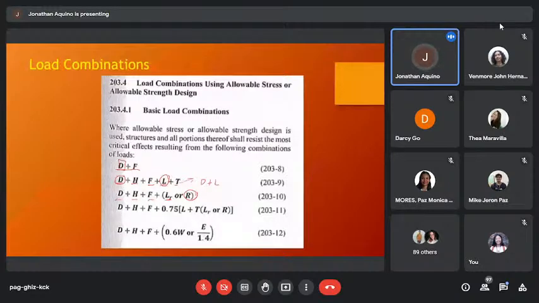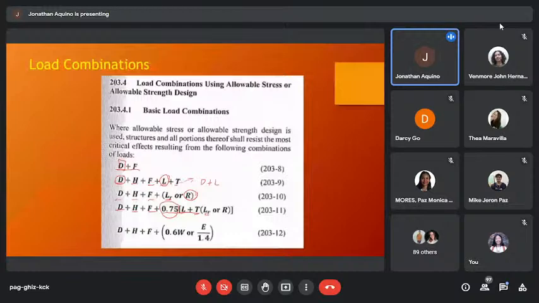But if you're designing, for example, a roof slab, you can consider that rain loading. Then the fourth combination is dead load, hydrostatic, fluid pressure, and 75% of the live load, temperature, or roof live load and rain.